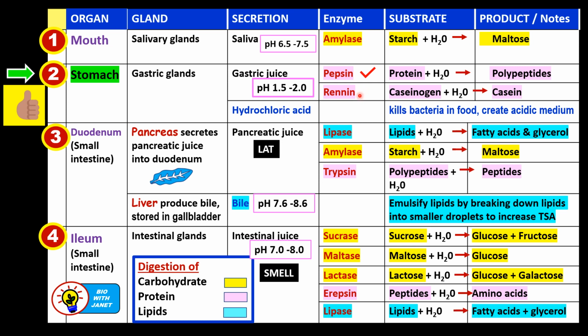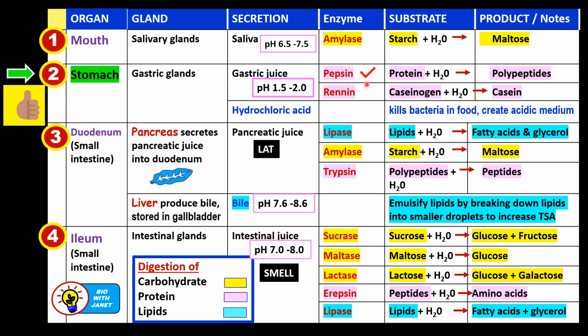Now, how about renin? Your new KSSM textbook does not mention renin, okay? But it is in the old syllabus and the old textbooks. So is renin present in the gastric juice? We'll discuss this in the later slides. The function of renin is to convert caseinogen, which is soluble, into insoluble casein in milk.